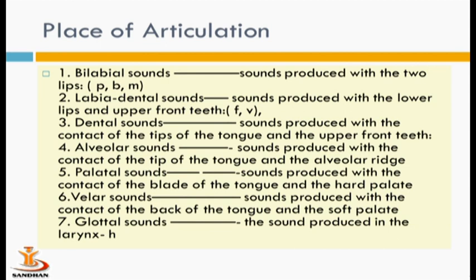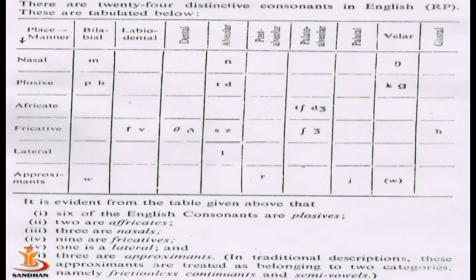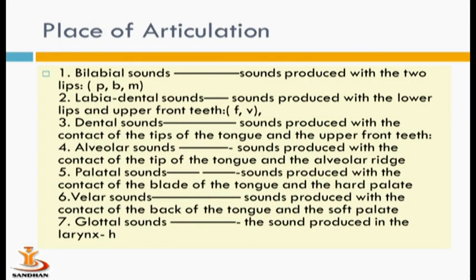Dental sounds. Sounds produced with the contact of the tip of the tongue and the upper front teeth. You remember, I've already described it to you. So you've got the dental here, so you know what they are. Can you quickly try and get a mental image of this so that when we go to the next exercise, you know what we have to do?